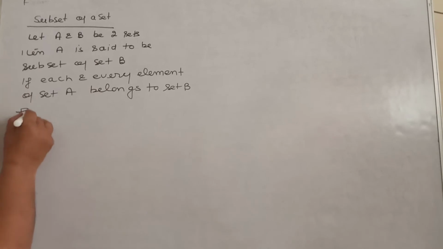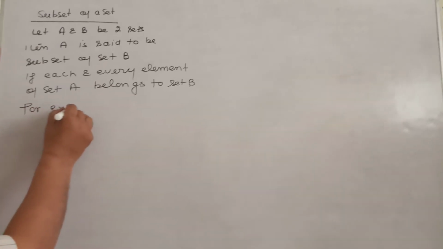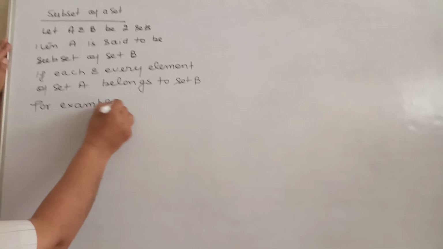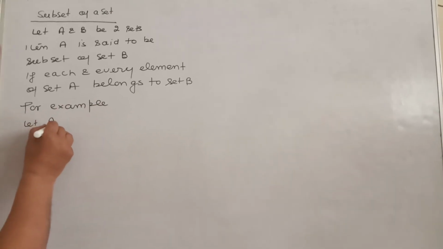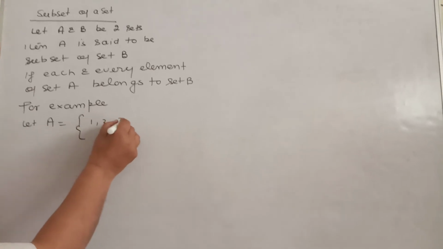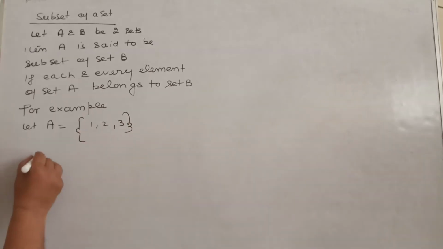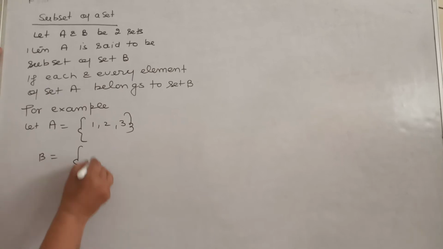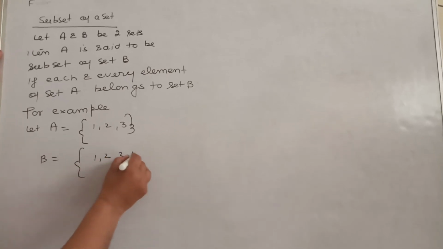For example, let A = {1, 2, 3} and B = {1, 2, 3, 4, 5}.